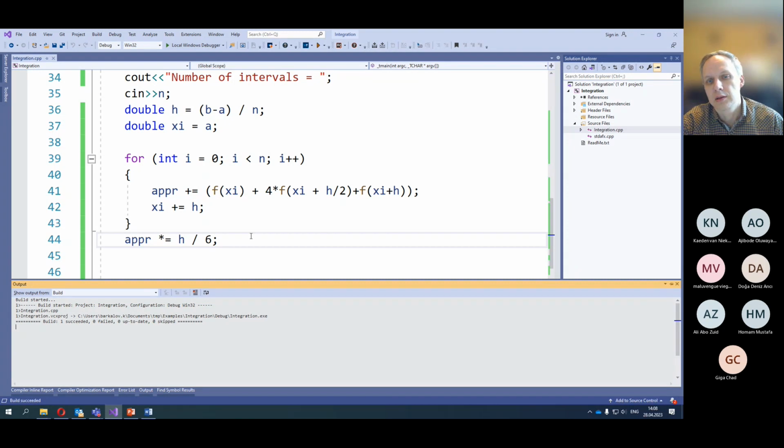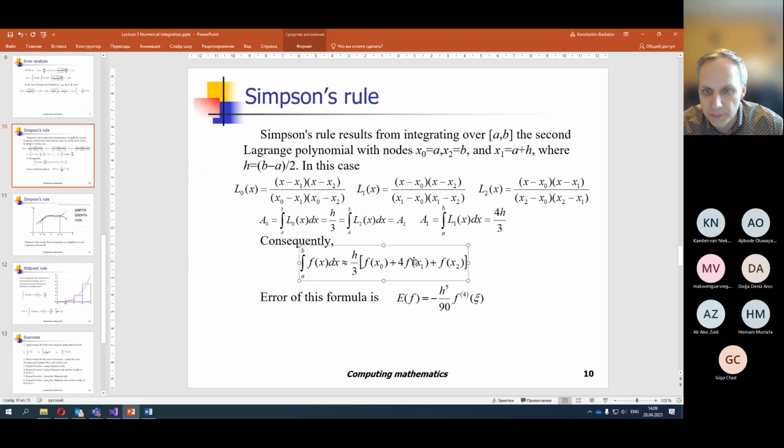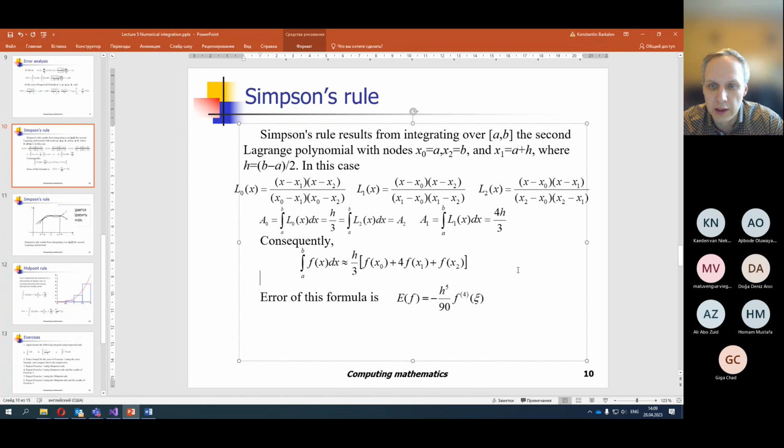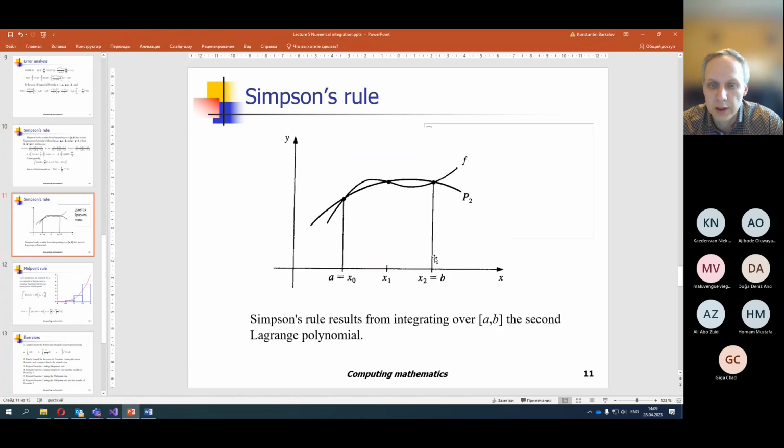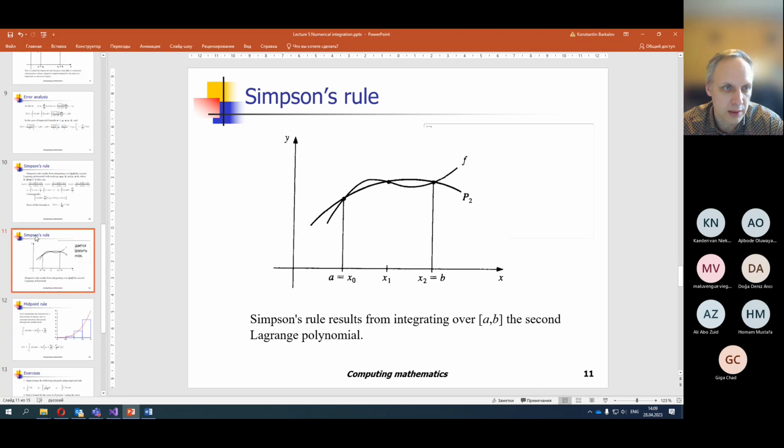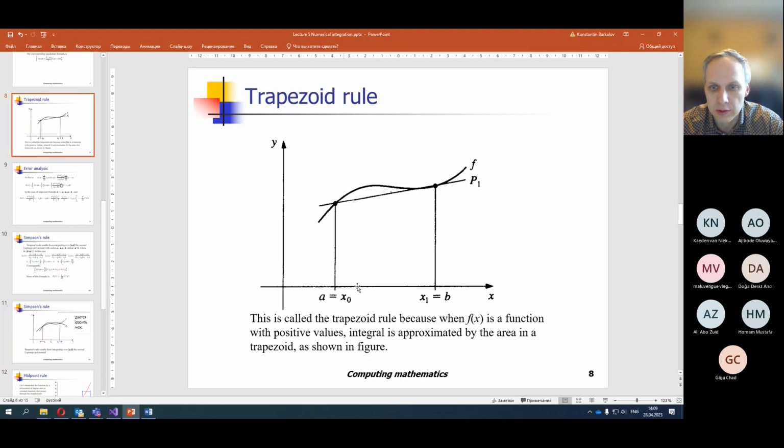But what happens in the previous case? Oh, I understand what happens. We consider different intervals. Let me explain it. When we apply the Simpson rule, we should select the step 2 times smaller in comparison with the trapezoid rule.